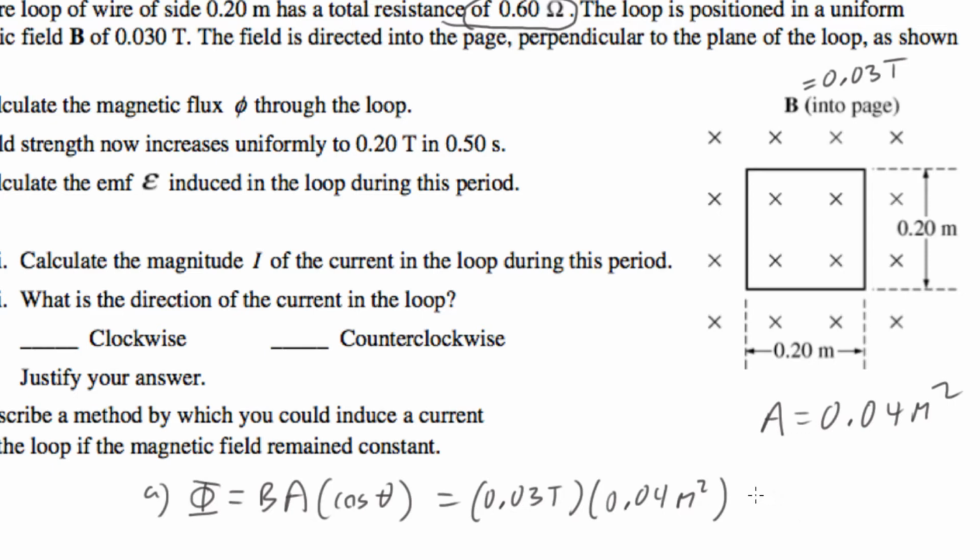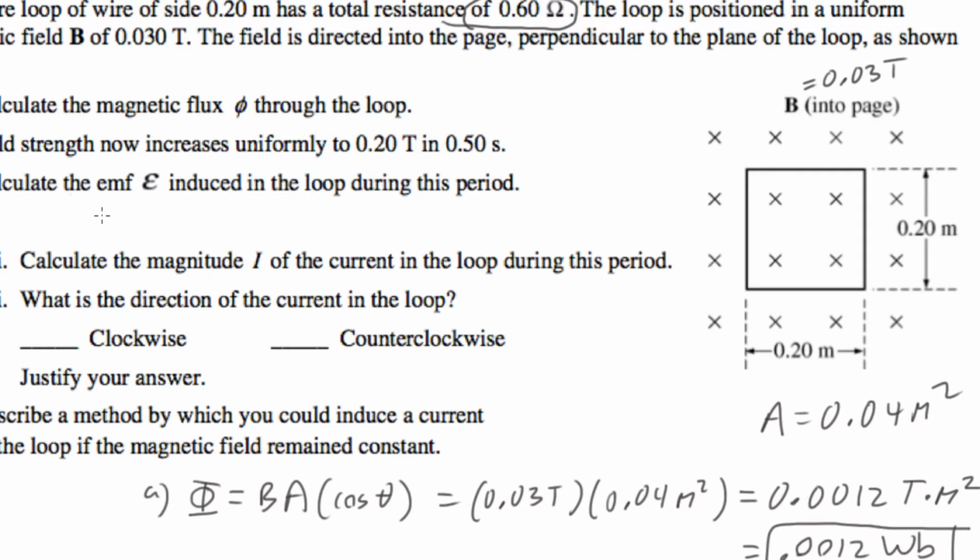So this calculation comes out as, now look at units, 0.0012 Tesla meter squared. A Tesla meter squared is equivalent to the Weber, Wb. But if you put Tesla meter squared, that's fine. It's equivalent, okay?